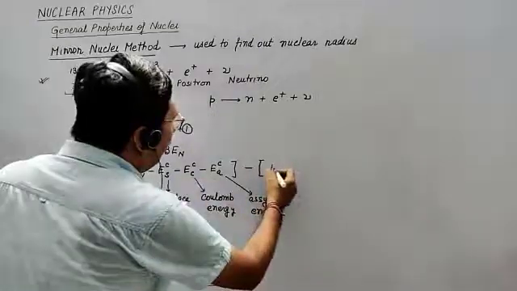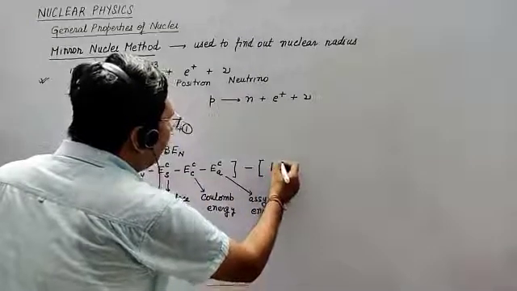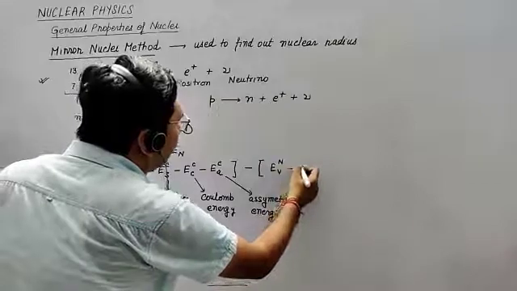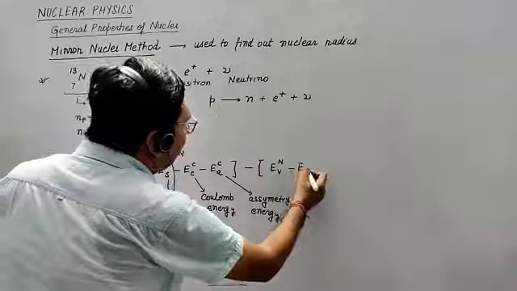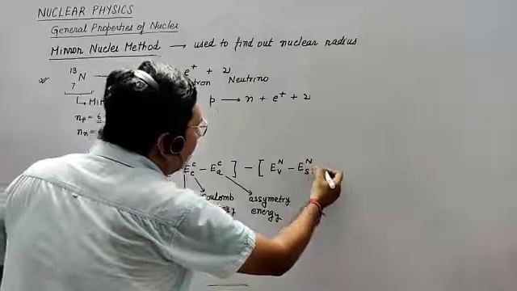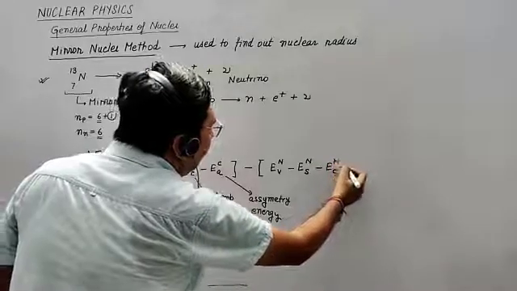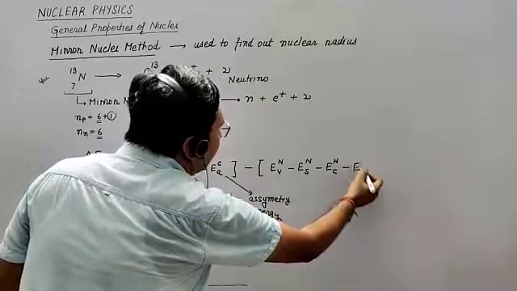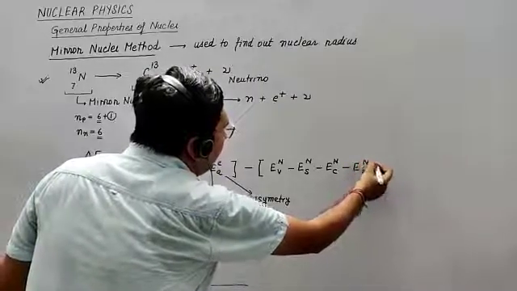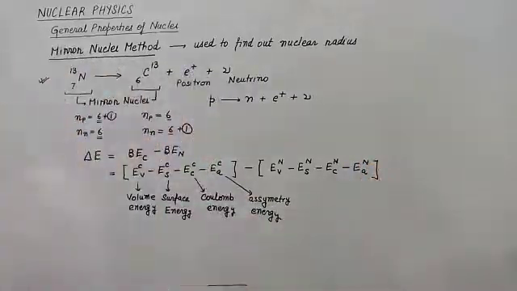This will be volume energy EV for N minus surface energy for N minus Coulomb energy for N13 and minus asymmetric energy for N13 nuclei.